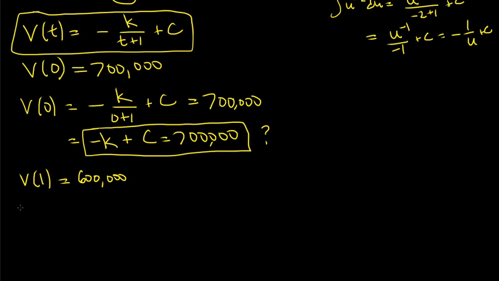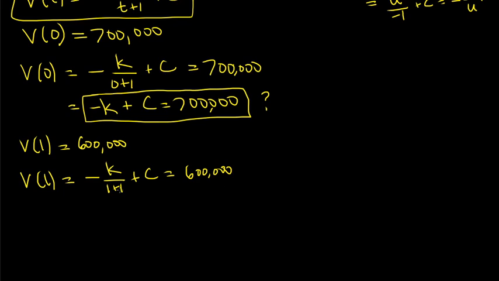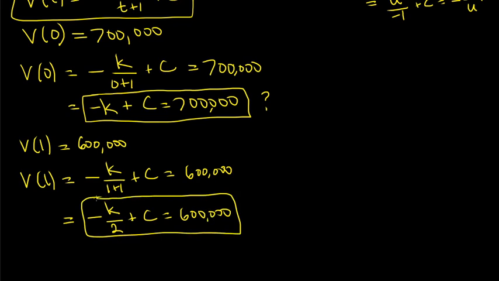Okay, so if I replace t with 1, I get negative k over 1 plus 1 plus c equals 600,000. Well, 1 plus 1 is 2, right? So this is just negative k divided by 2 plus c equals 600,000. So again, this alone doesn't tell us what c is or what k is.